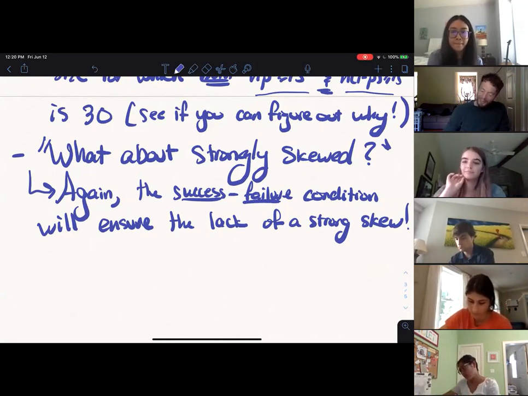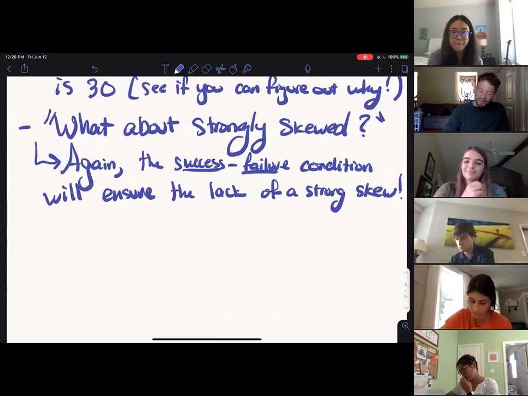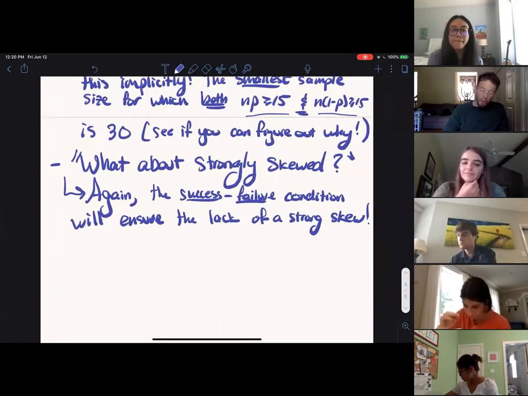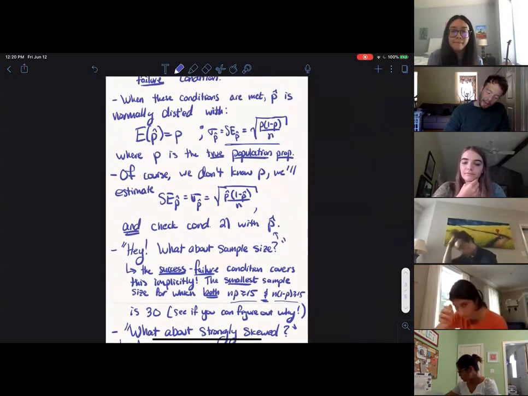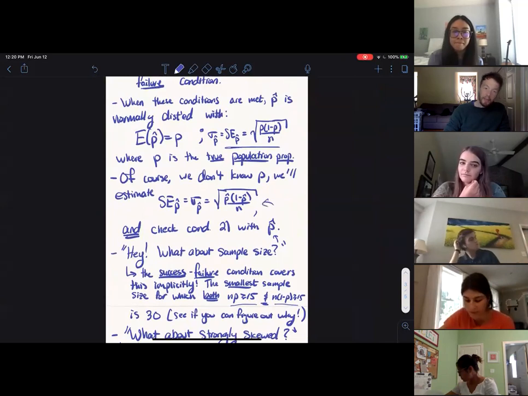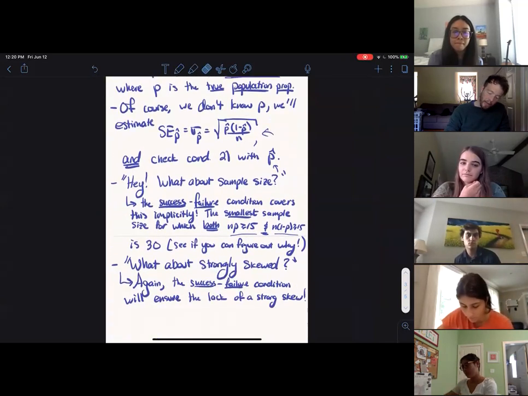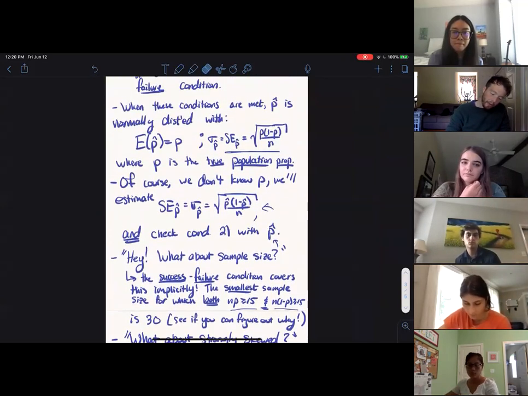I think so. So these are our conditions. If we can check them, then we have that p hat is normally distributed with this standard error centered at this value. And these are all the pieces that we might need to do inference.